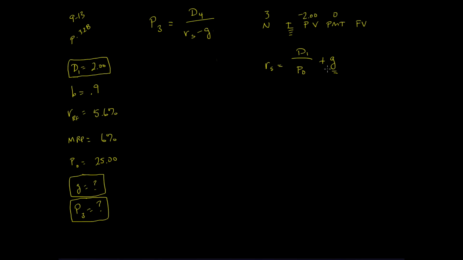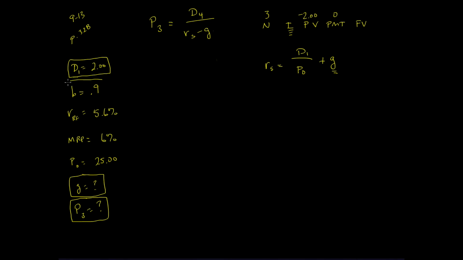So if I'm solving for G, I need to find RS, D1, and P0. And you see that we run into a problem because we look over here and there is no RS. All right, so I've got to solve for RS.